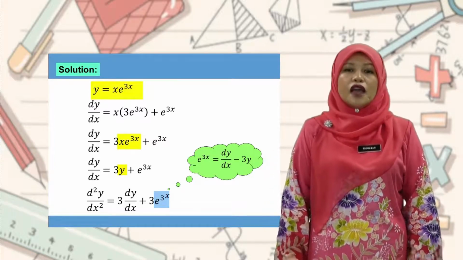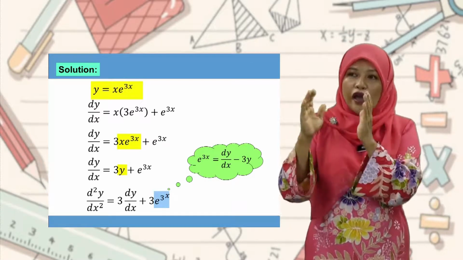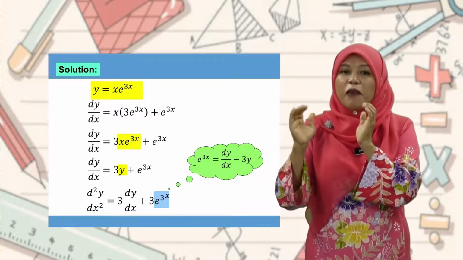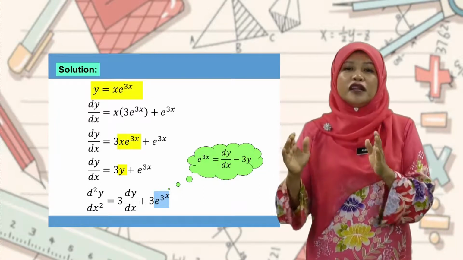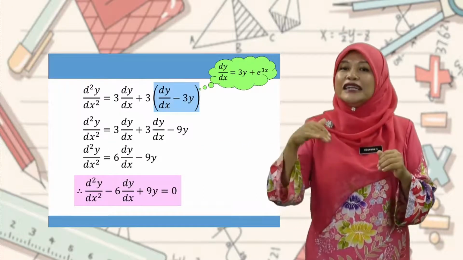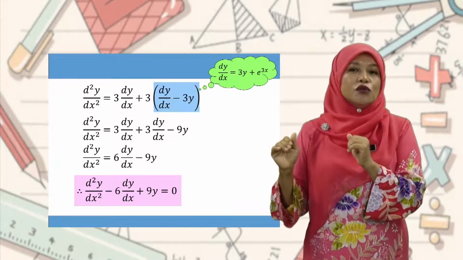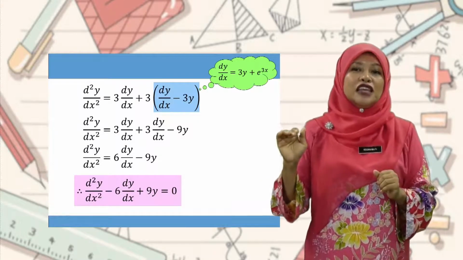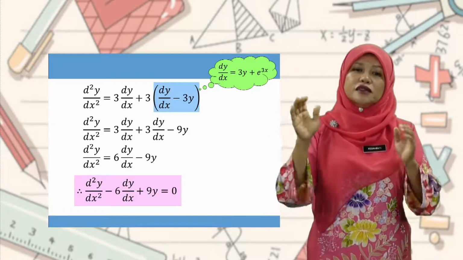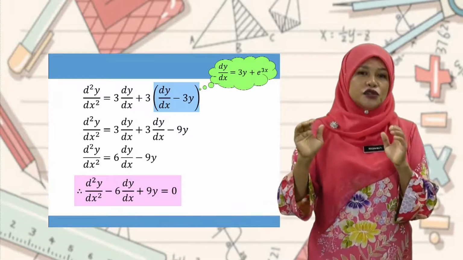Where I highlighted the e to the power of 3x, that part can be rephrased as dy dx minus 3y, because earlier we already have dy dx equal to 3y plus e to the power of 3x. So e to the power of 3x, I put in as dy dx minus 3y.